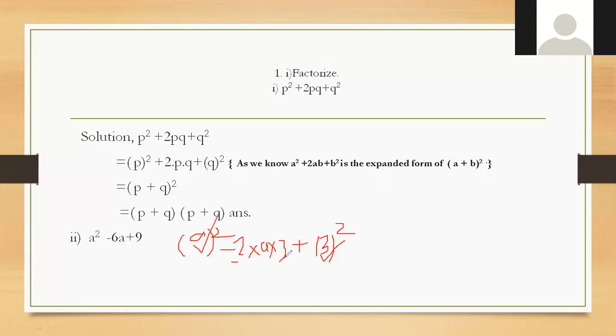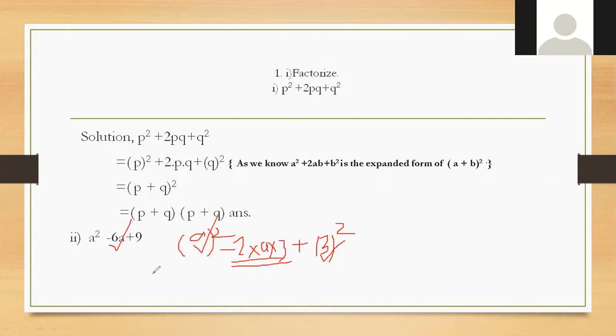When you multiply this, does this multiplication give the value, this or not? Check. Does it give minus 6a? Does it give or not? Yes, sir, of course. Yes, it gives 2 times 3, 6, and a, 6a.